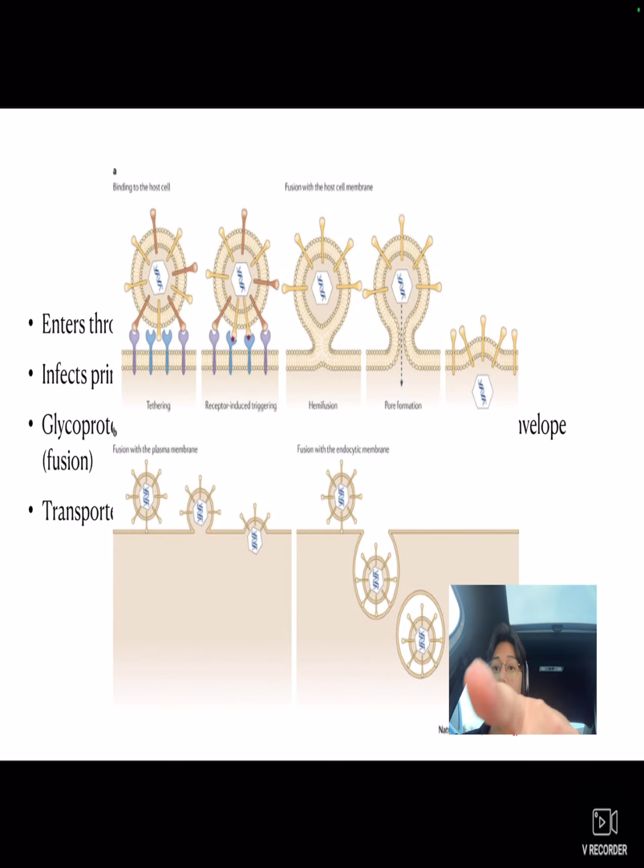Here's a picture where you see the glycoproteins connecting and slowly fusing with the cell membrane. You can see the capsid being released into the cytoplasm, which then goes to the nucleus. So that's the first part of entry.